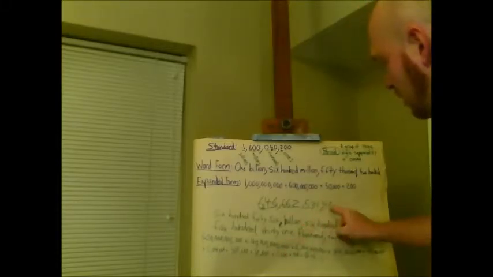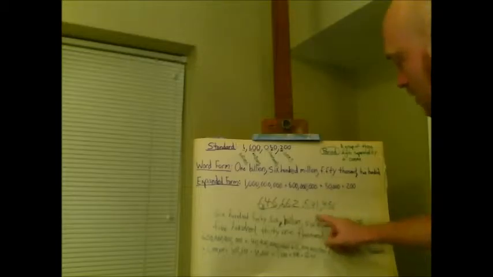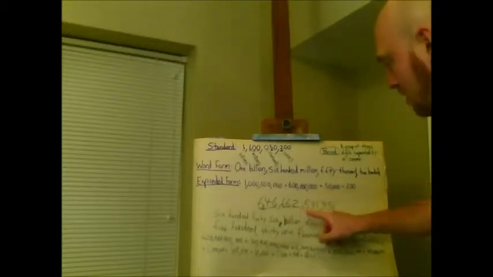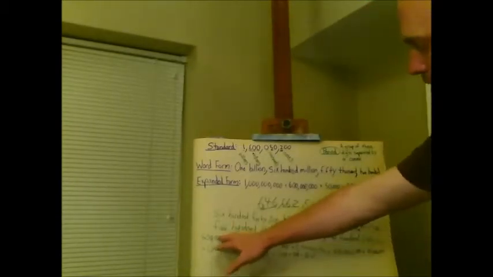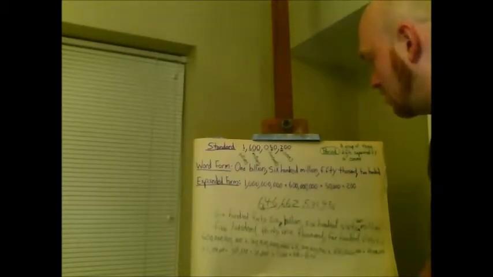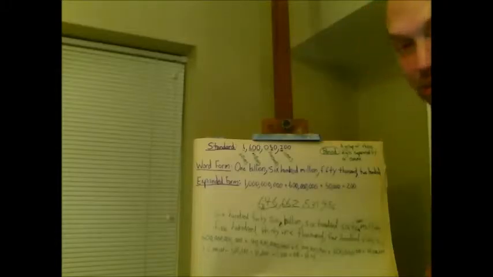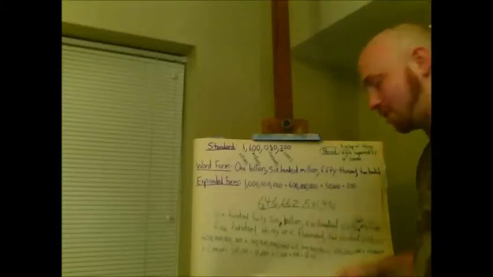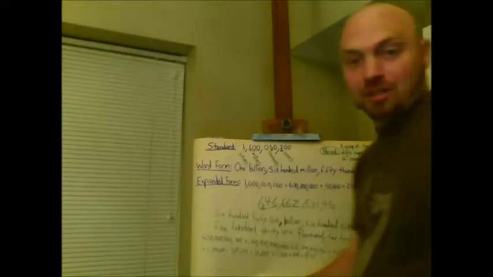Okay, just taking your time, guys, remembering that each one of these digits, this 5 is not a 5. It's in that 100,000 place value, so it's 500,000. So we're taking those all, and if you were to stack them one on top of each other and add them, that's the number you're going to end up with, okay? Which we've also written in word form, 646,662,531,456. It's a mouthful, I know.